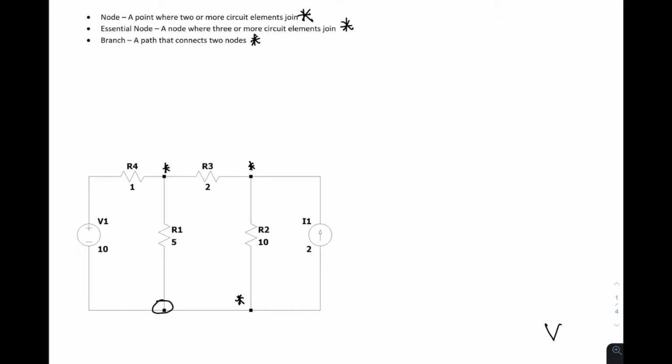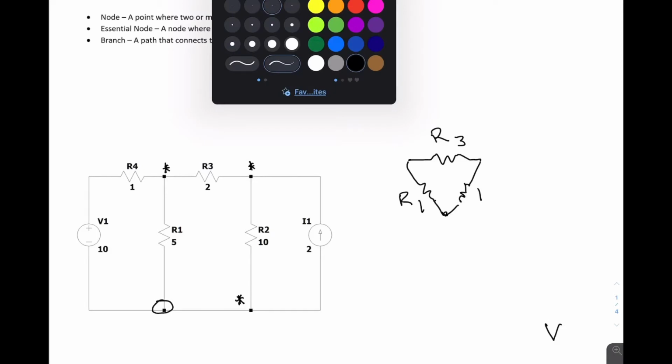However, if you were to redraw the center of this circuit, you would have R3 here, R1 here, and R2 here. And actually those two nodes at the bottom are the same node. So that's going to be our third essential node.